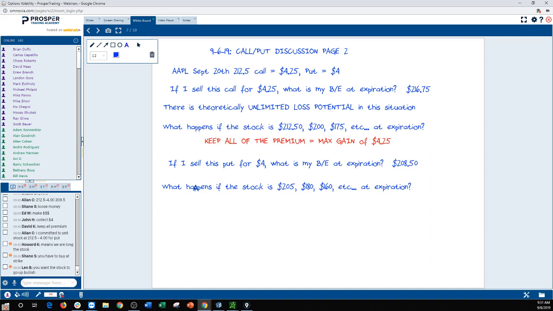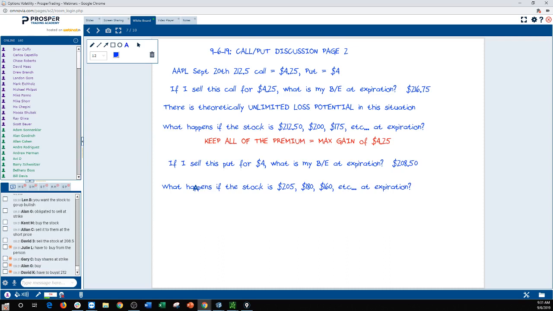Exactly. If I'm short a put, I'm obligated to buy the stock at the strike price.